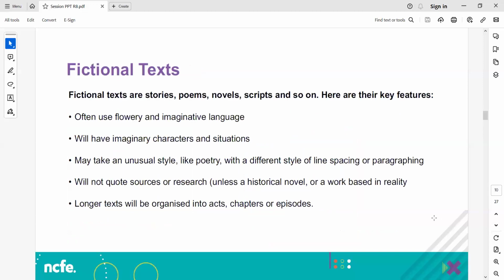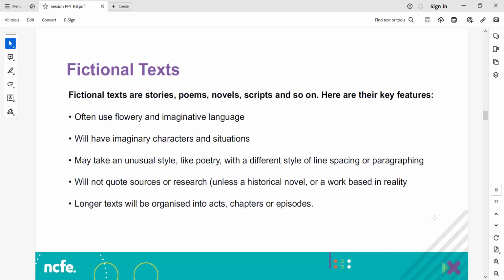So fictional texts. These can be stories, poems, novels, scripts, and so on. The key features we'll find in these fictional texts: it can be flowery, imaginative, descriptive language. The characters and situations are imaginary.